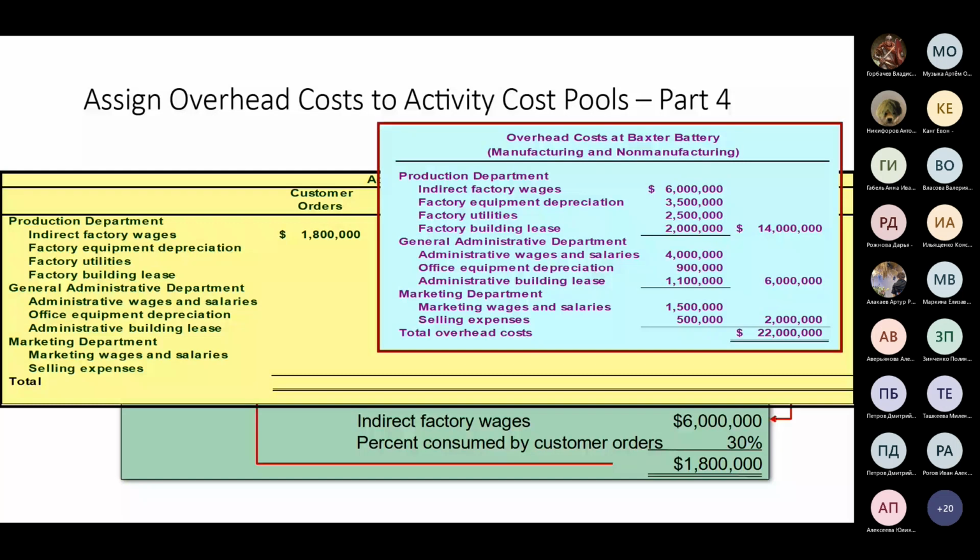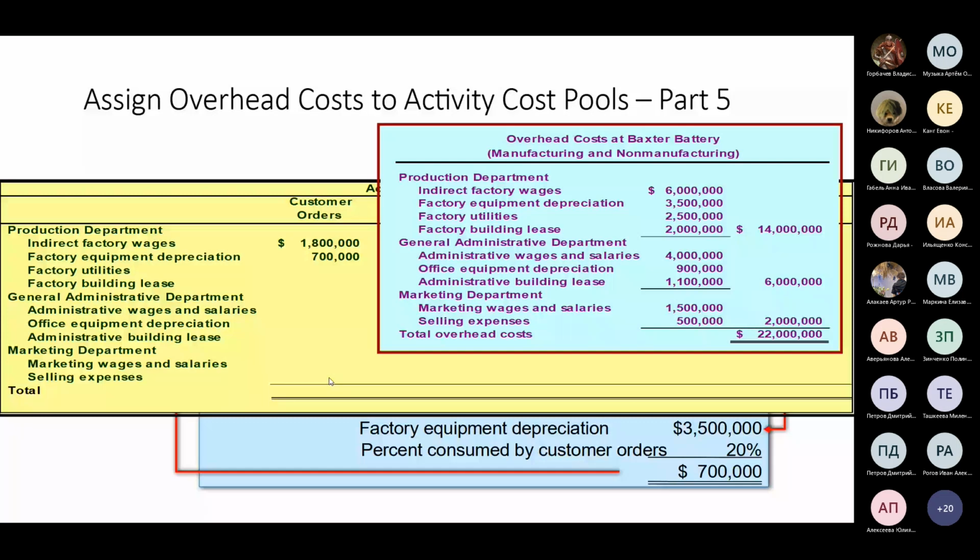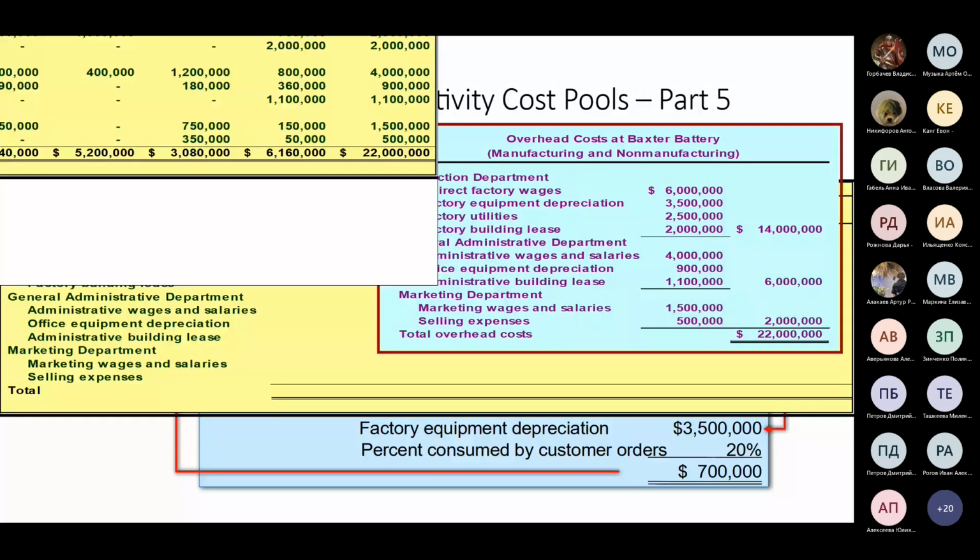So here we can see that indirect factory wages that are equal to 1.8, we use the previously calculated percentage, 30%, to find the concrete amount of the indirect factory wages that should be associated with the specified department. In our case, this is the production department. Then we will do the same using all other expenses, and finally our calculations would be as follows.